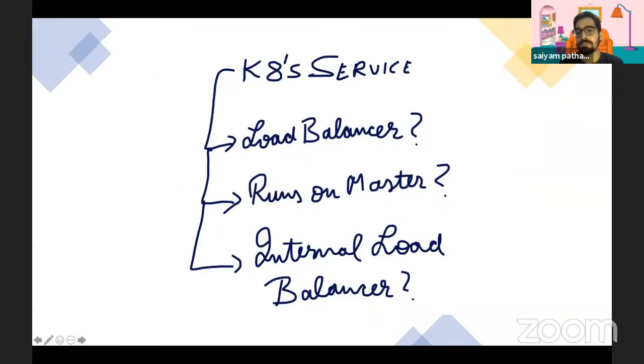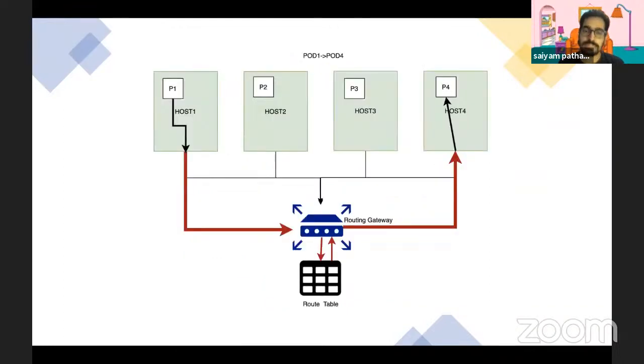K8s service. Think of it, you have different pods, 1, 2, 3, 4. In a real world scenario, you have an application deployed on pod P1, and you have two replicas, one is P1 and one is P4.